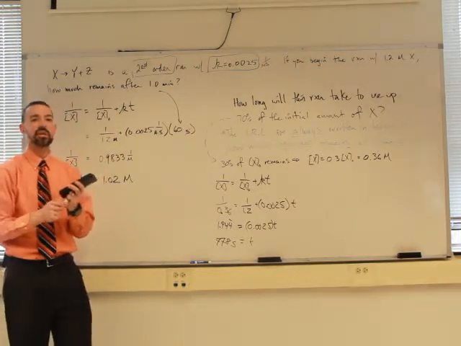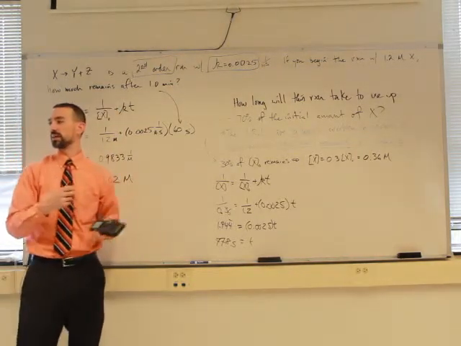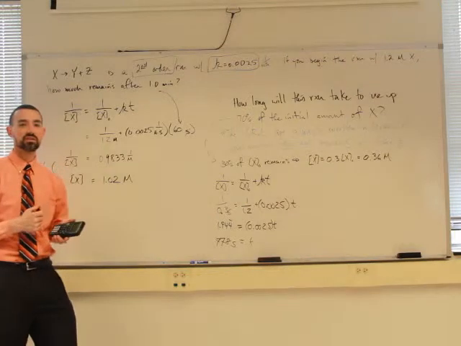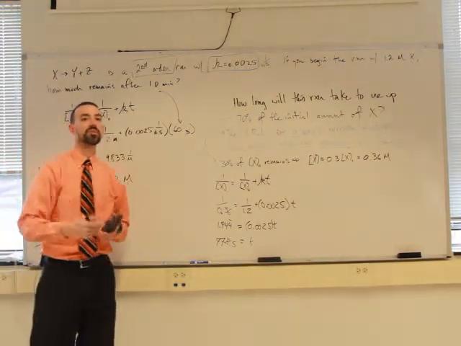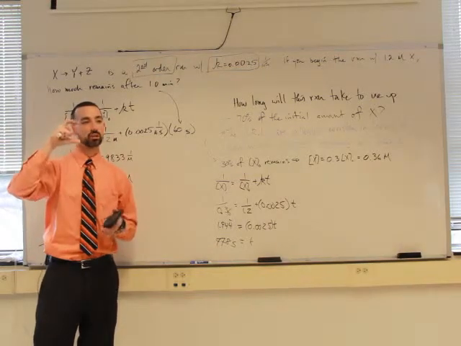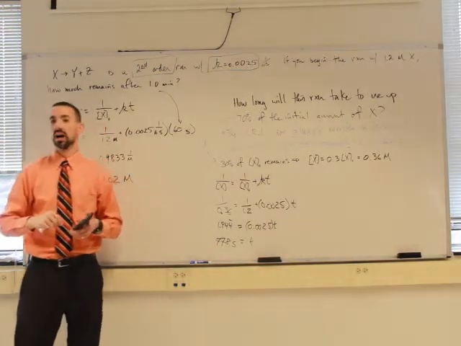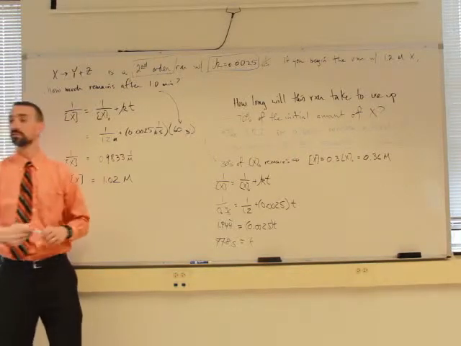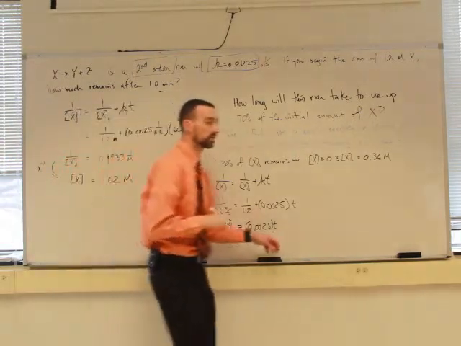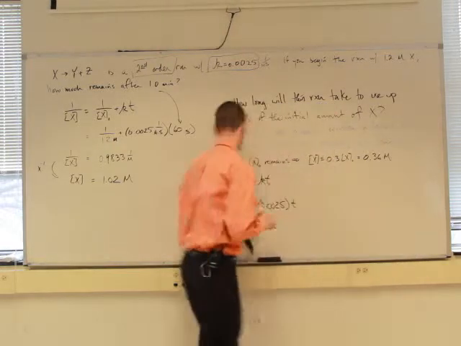Maybe that's big enough that we can convert it to minutes. It's going to be about 12, 13 minutes or so, it looks like. But just keep in mind that you'll be doing these in Mastering Chemistry. You just pay attention to what unit it puts in the box, and that tells you how you should be answering. Okay? Any questions on that problem?